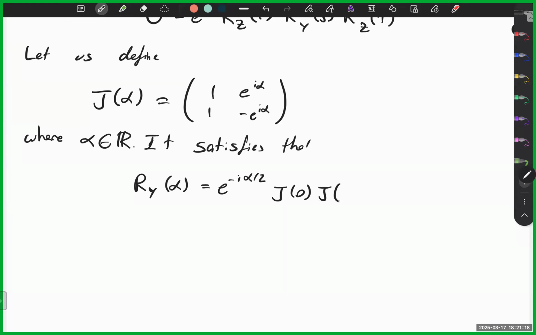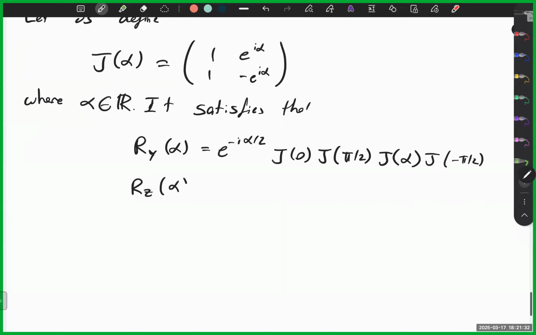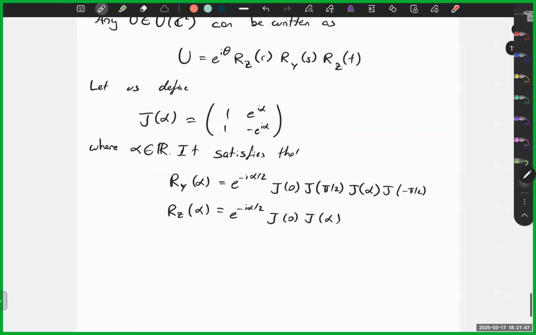So basically you can write the rotation on the y-axis as a combination of J operators that we defined above, and similarly for the Z as well. We have that a rotation about the Z-axis is equal to J alpha. So if we show that this operation is realizable by our computation, then we can realize all the single qubit unitaries.